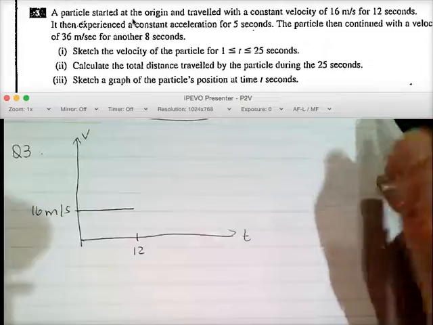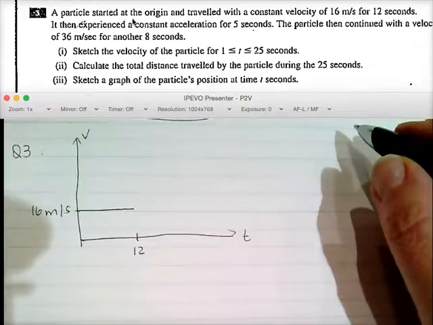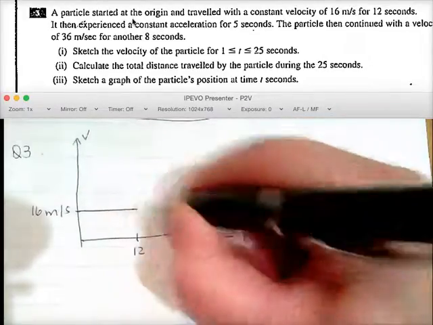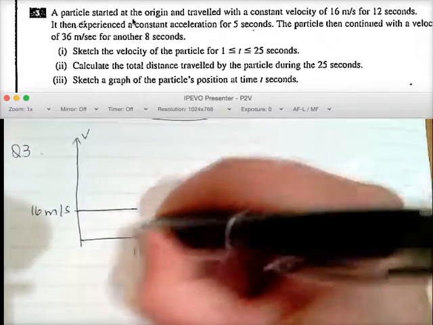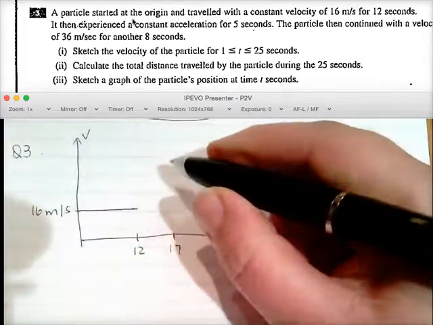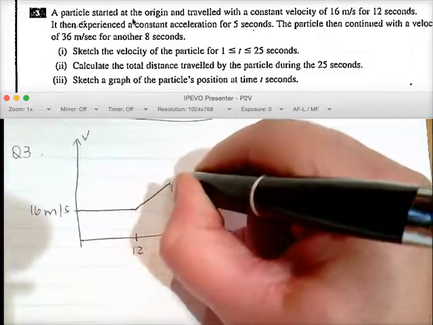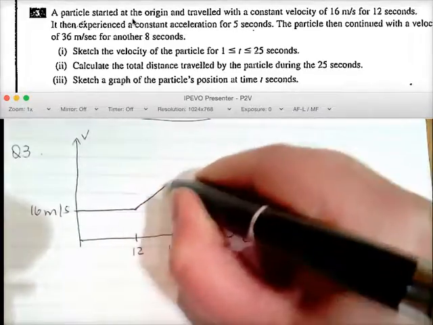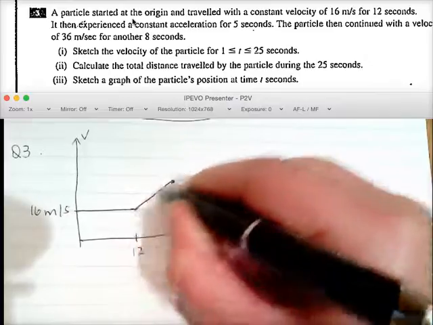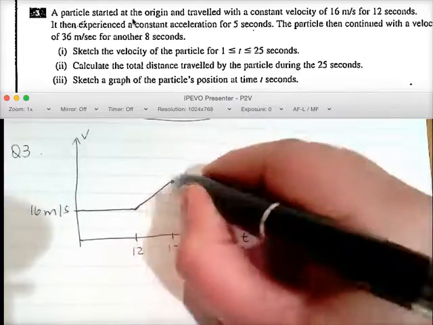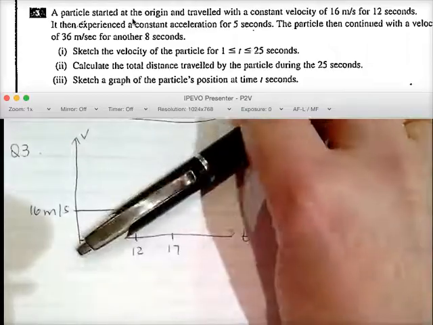It then experienced a constant acceleration for 5 seconds, so we're going up to 17 seconds. And then if it's a constant acceleration, then the velocity must be a graph like that, because constant acceleration means constant gradient of velocity curve.